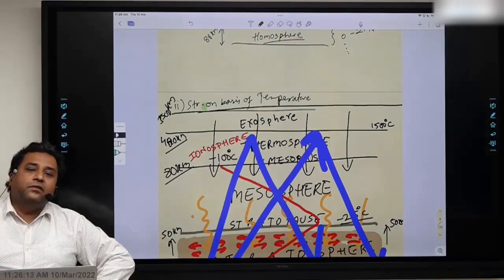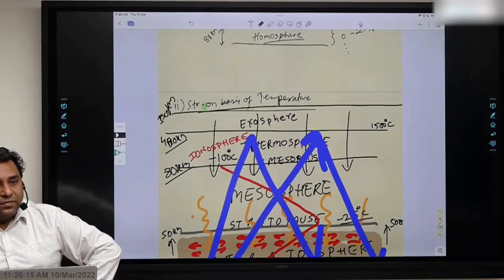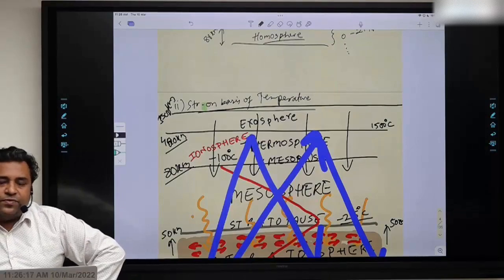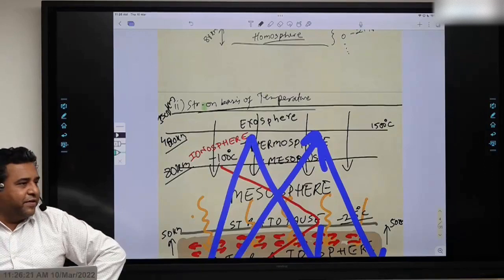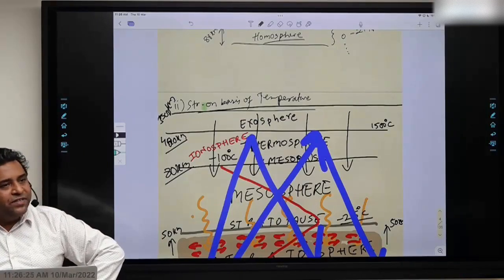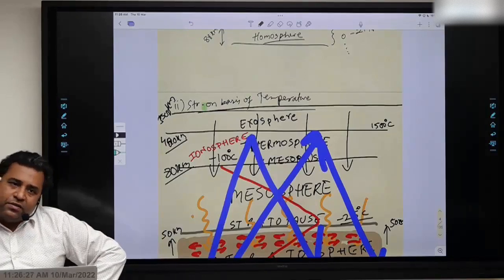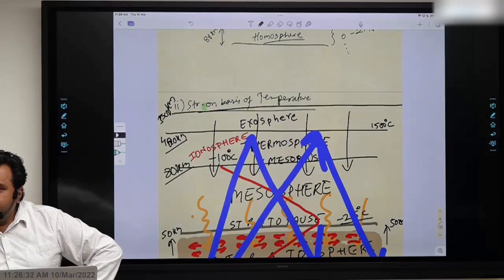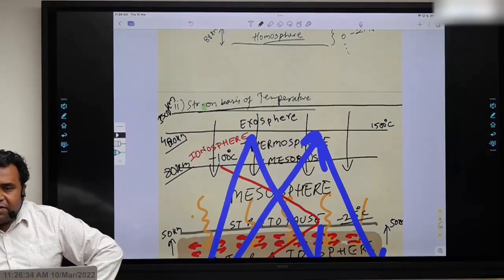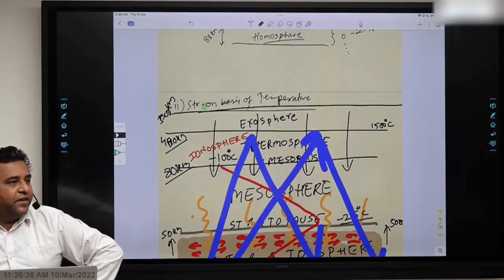That is exosphere. And this is the most rarefied layer. Most rarefied, as if there is hardly any particle. But we do find some hydrogen and helium there, so we call it the outer limit of atmosphere. Okay? So most rarefied, 3,500 kilometers.